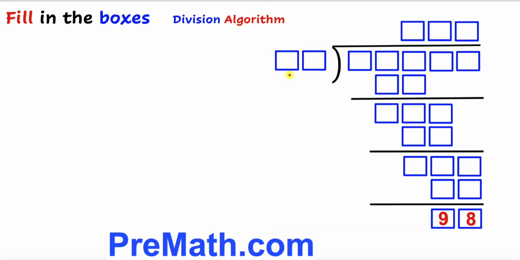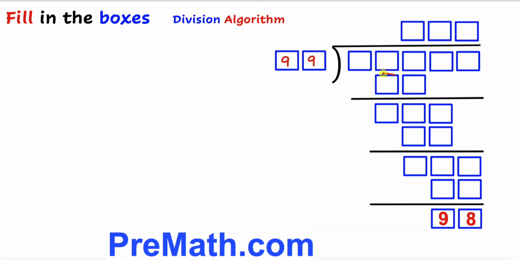And moreover, this divisor is supposed to be a 2-digit number as well. So the only possibility is that it is going to be 99, which is a 2-digit number, and that is larger than our remainder.